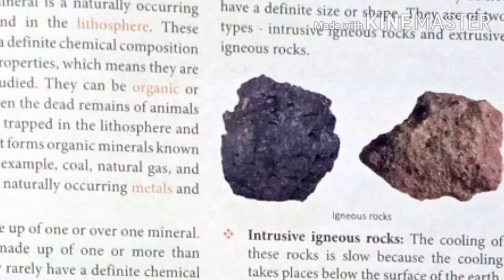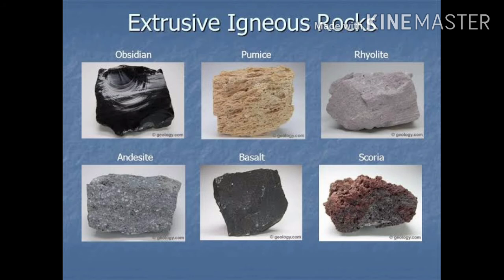And because of the rapid cooling the grains of these rocks are fine. जो उसके कण होते हैं वो बहुत ही फाइन होते हैं. And the examples of this type of extrusive igneous rocks are andesite, basalt, obsidian, pumice, etc. are some examples of extrusive igneous rocks. Here's the image of this.